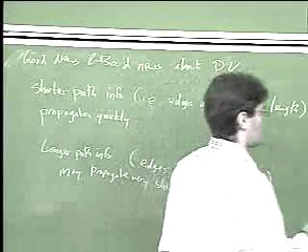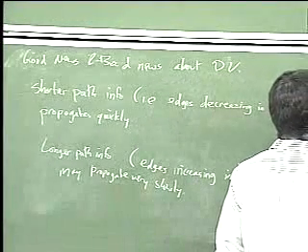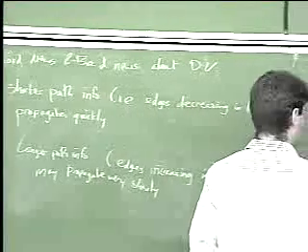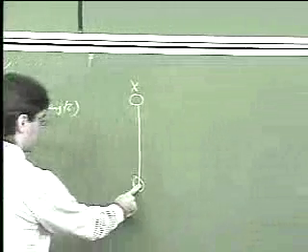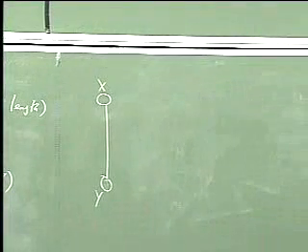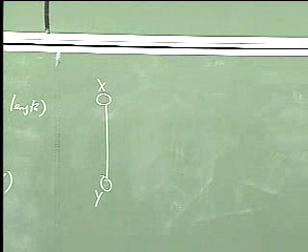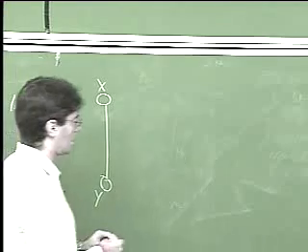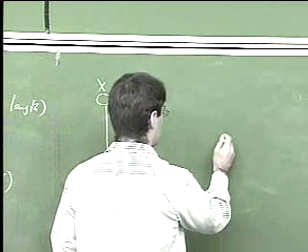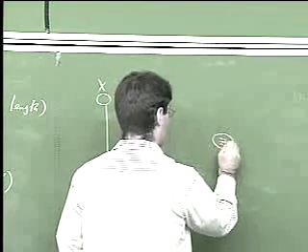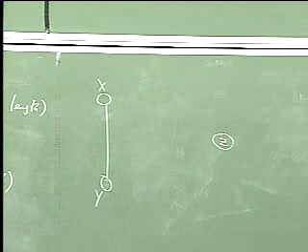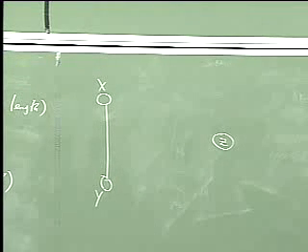Let's see. Here's two nodes X and Y that are neighbors. Okay. And suppose they want to reach a destination Z. Okay, and they want to get there according to the shortest path.